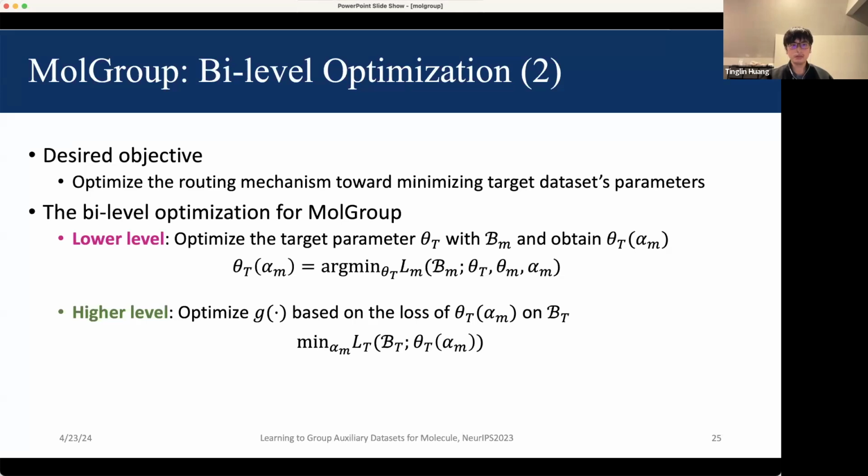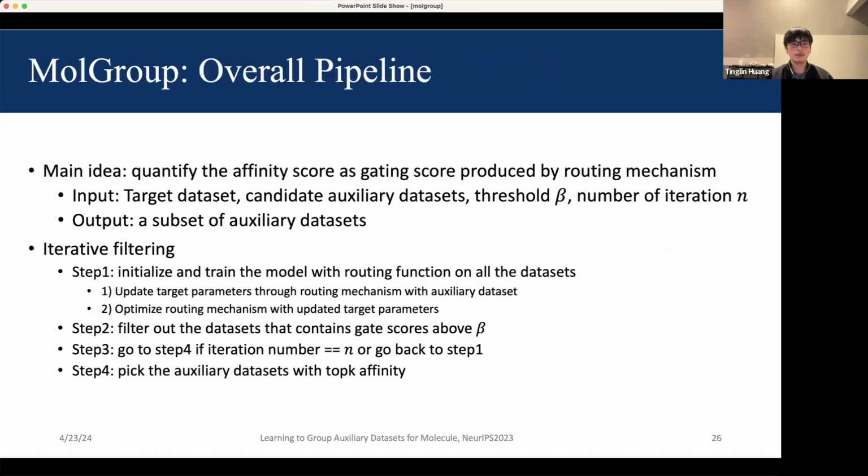All right. So here is the overall pipeline of MolGroup. The main idea is we try to quantify the affinity score as the gating score, and the way we do it is using the routing mechanism. The routing mechanism can enable the model to quantify the impact of the auxiliary data sets on the target data sets.